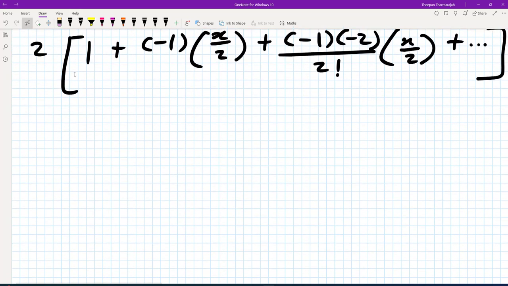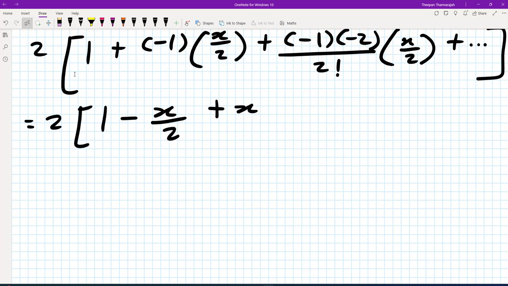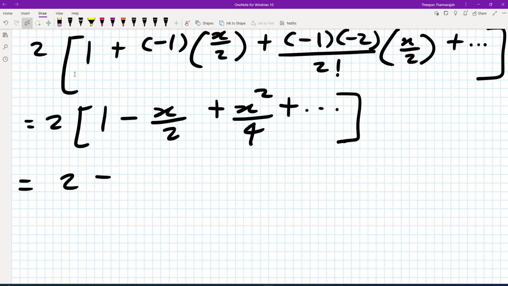So simplifying that down, that's 2 times 1 minus x over 2 plus x squared over 4 plus other subsequent terms. And then we'll end up with 2 minus x plus a half x squared plus other subsequent terms.